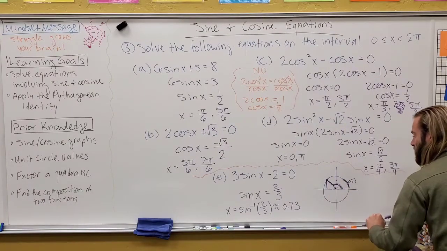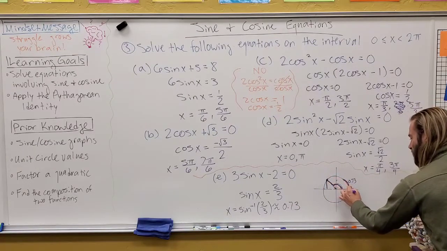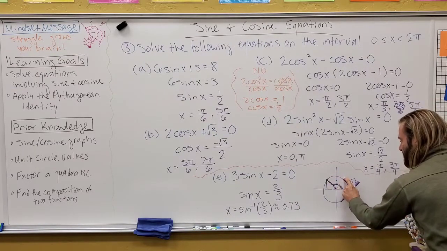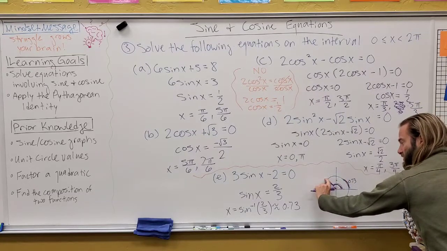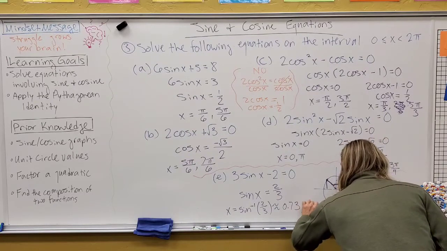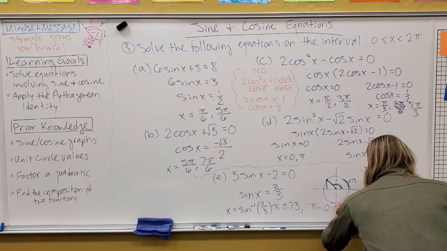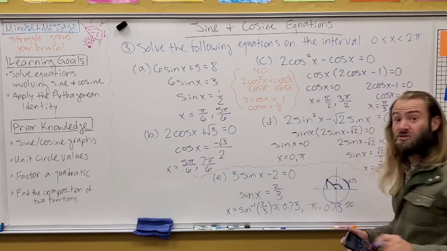This space. So what we can do though is, since we know pi is the whole thing, and we know that that's 0.73, so that means this is 0.73. If I want to know that whole thing, then I can say pi minus 0.73 will get me my other solution.